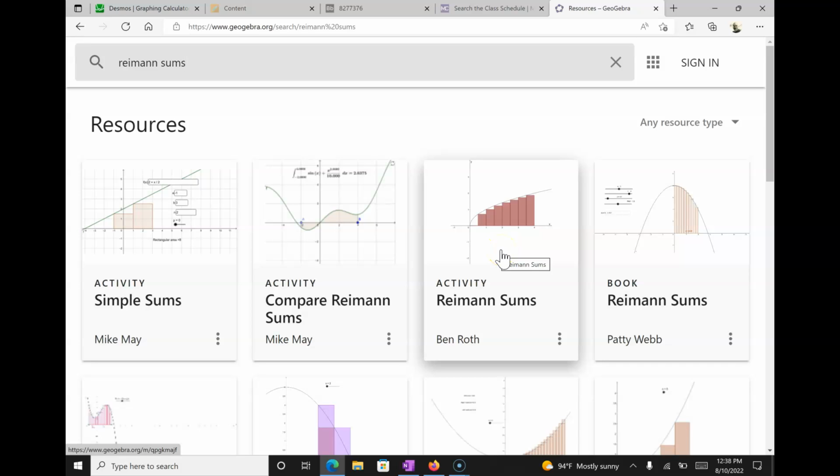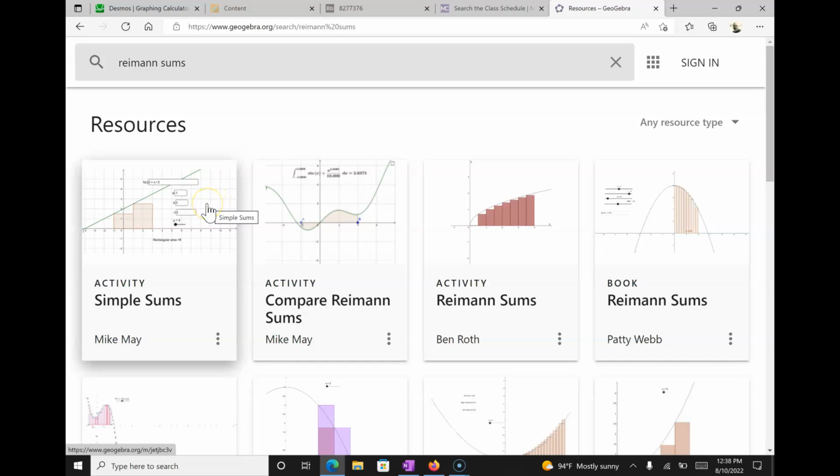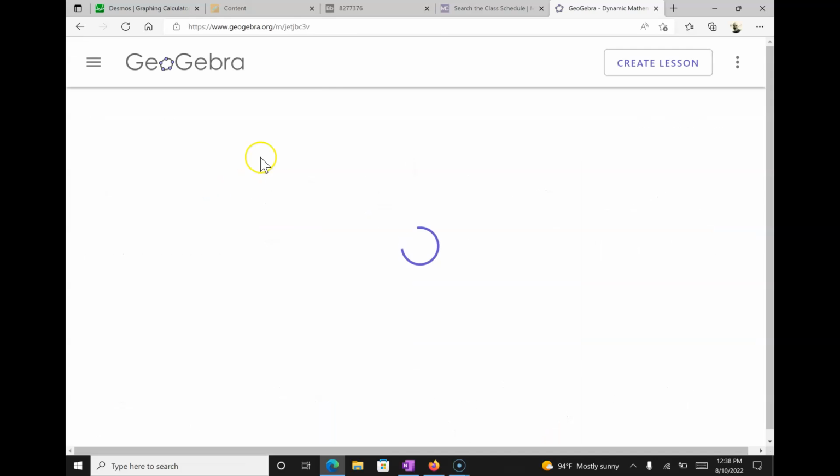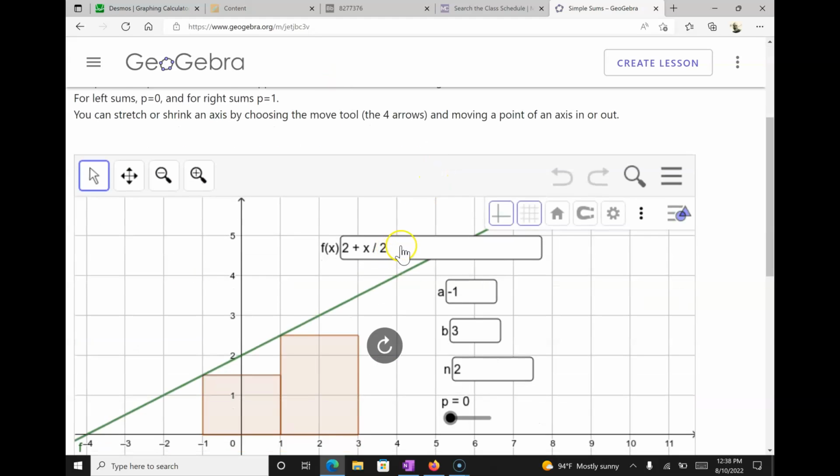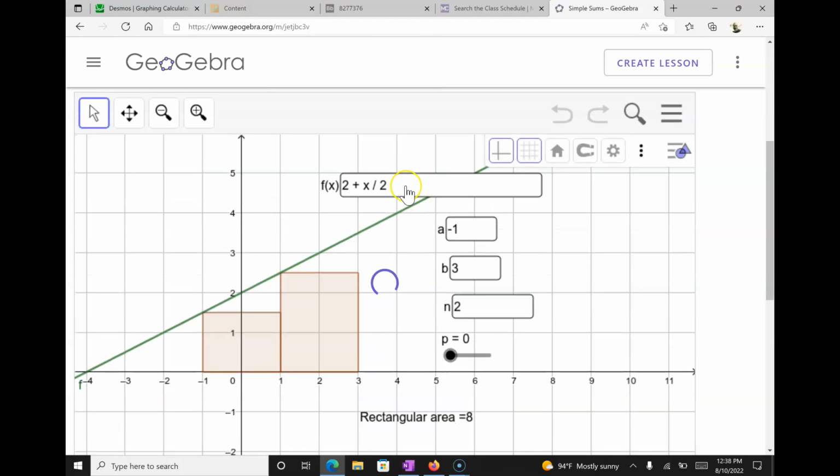So there's lots to look at. I think this one is pretty nice. I want to pick one that I can change the function, right? And set my limits and say how many rectangles I want. So I just picked that very first one here.